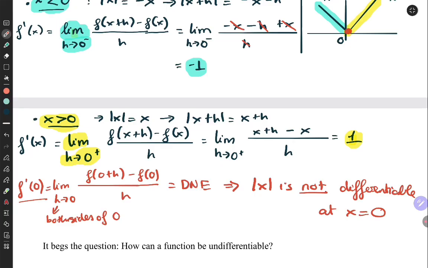First, continuous. So smooth, no jumping. This is discontinuous, right? Definitely, that's not differentiable right there. That's one thing.